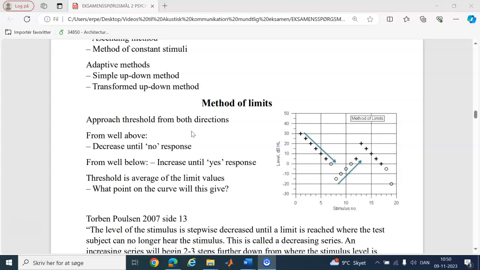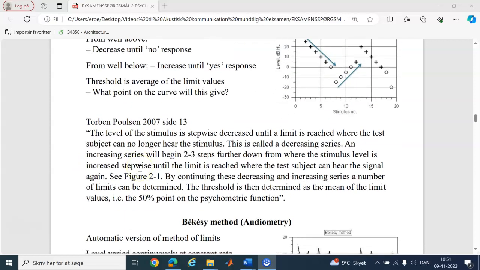Then go up till you get a yes, and when you get a yes, you go a little up and go down again. So the threshold is the average of the limit values. What point on the curve will this give is asked.